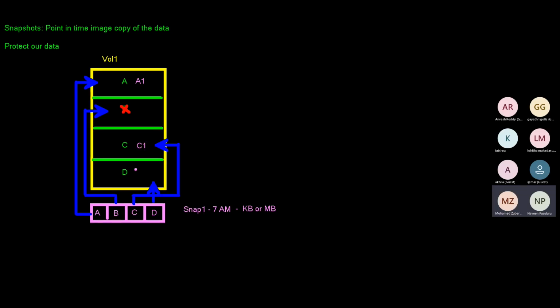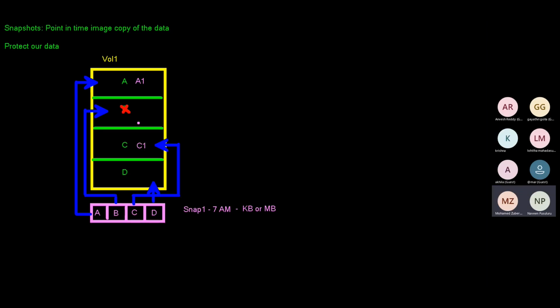I have not changed anything on D. I mean, I modified this data intentionally as part of my work, or the data got modified when I'm installing some application or running some database query. Anything, whatever it is, the data got modified.